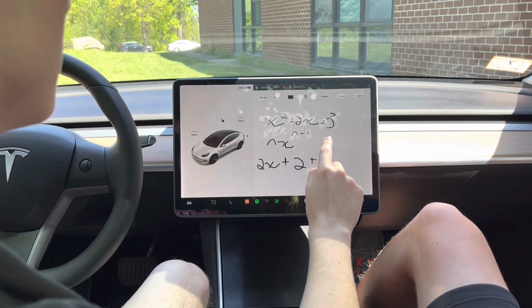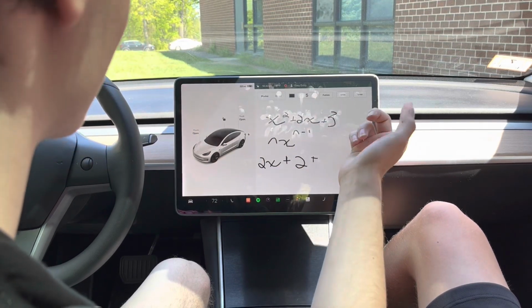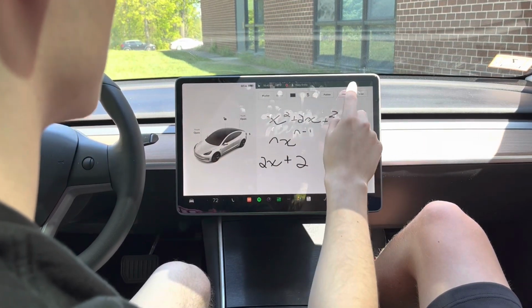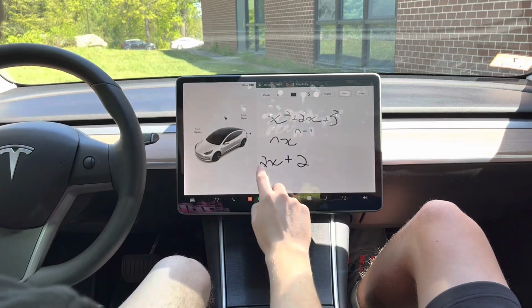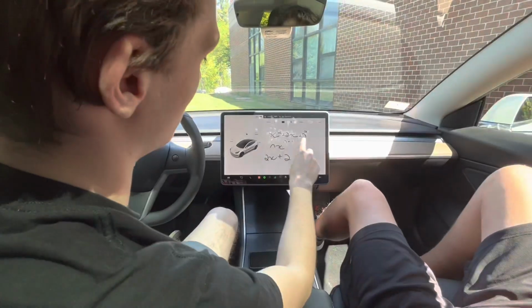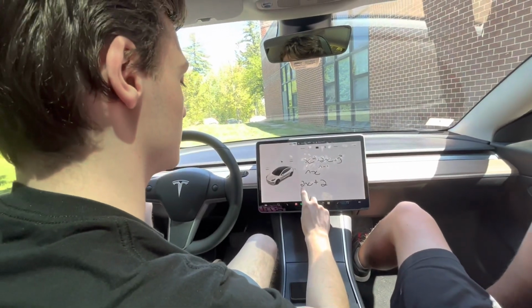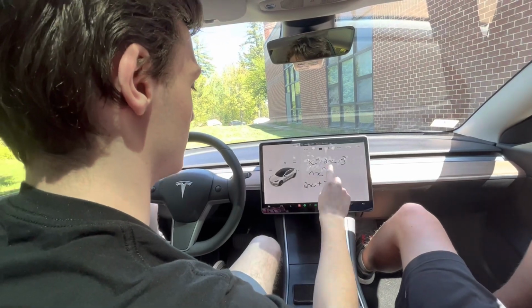And then 3 does not have a variable, so the derivative of 3 is just 0. So the derivative of x squared plus 2x plus 3 is 2x plus 2. And this means that at any given point on this graph, when you plug in an x value into here, you will get the slope of that function.